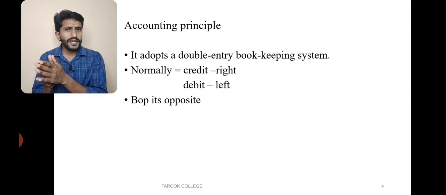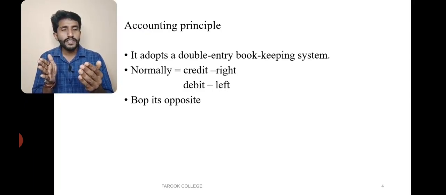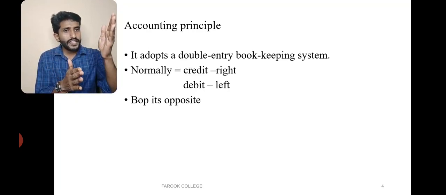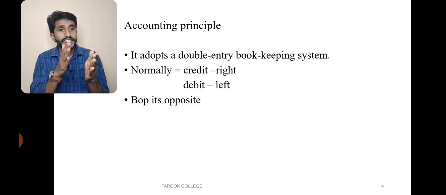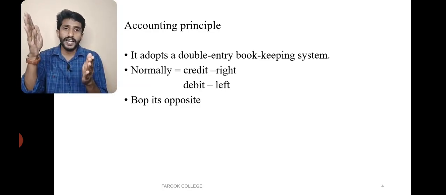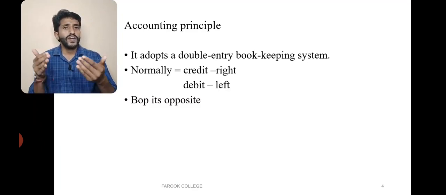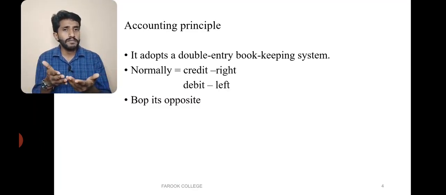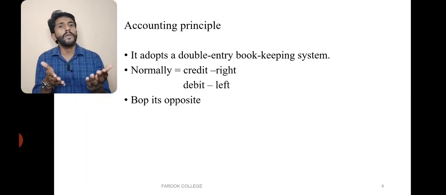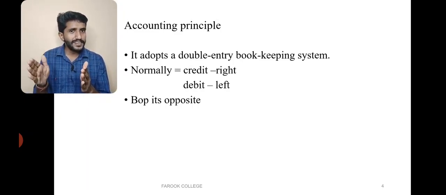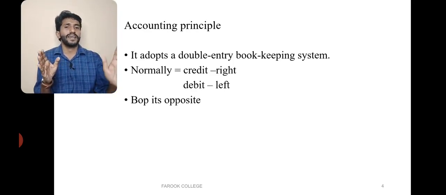And normally, in commerce, people follow the practice that credit is written on the right side and debit is written on the left side. So this is the general practice. But when we are talking about balance of payment, it is just the opposite. Credit will be on the left side and debit will be on the right side.